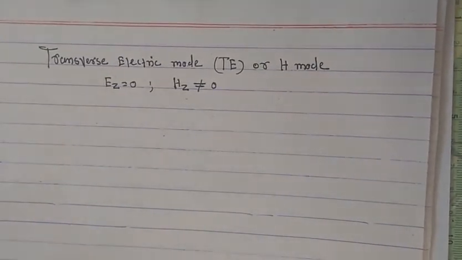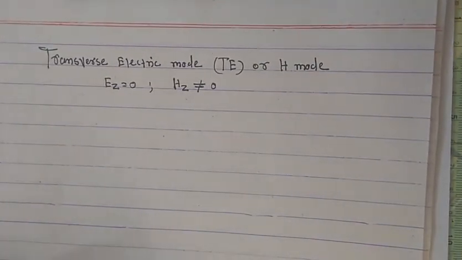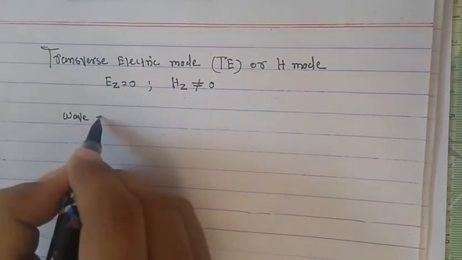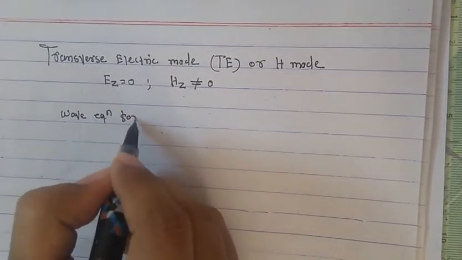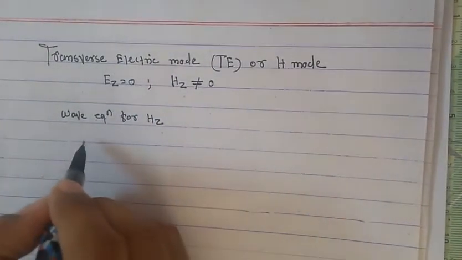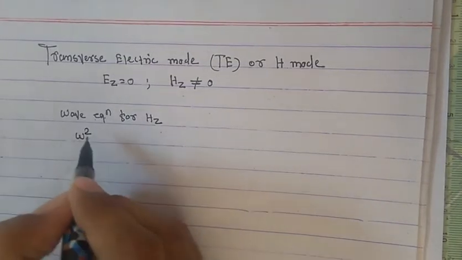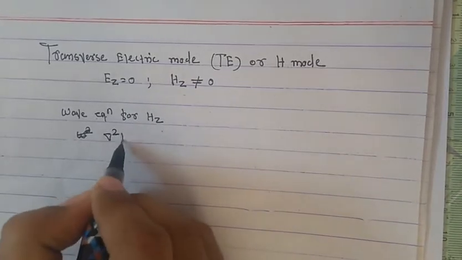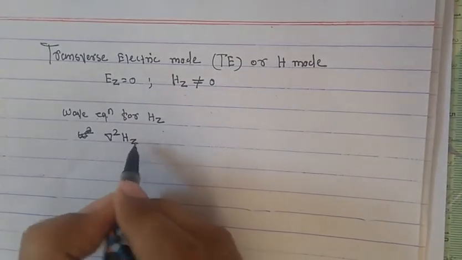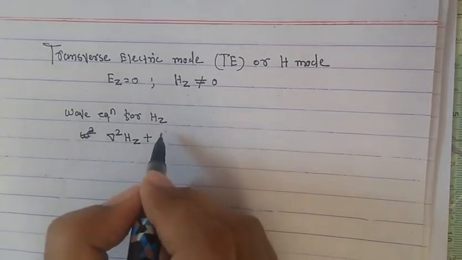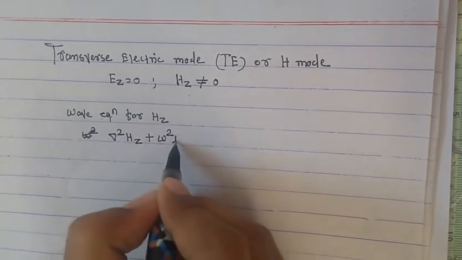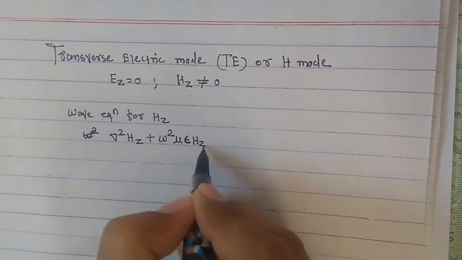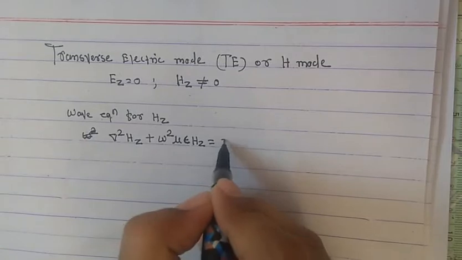So now to obtain the solution, what was the first step? We have to write the standard wave equation for Hz. So this can be written as del square Hz plus omega square mu epsilon Hz equal to 0.